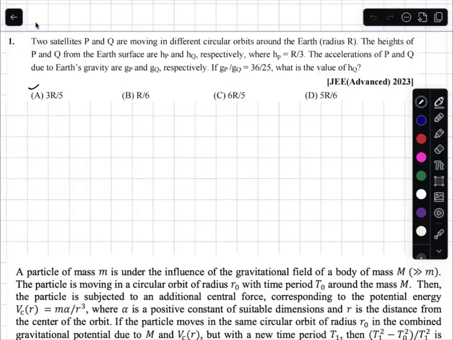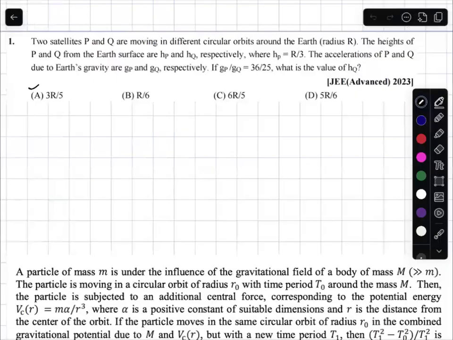You have two satellites P and Q moving in different circular orbits around the Earth, whose radius is capital R. The heights of P and Q from the Earth's surface are given as HP and HQ respectively, where HP is R by 3 and HQ is what I need to find.